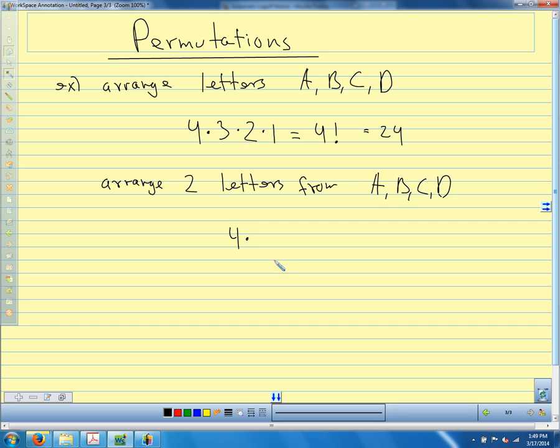And how many choices do we have to go in the second slot? 3. We're just arranging those two letters, so we're just picking 2. So we get 12. If we're only picking 2 out of those 4, we get 12.